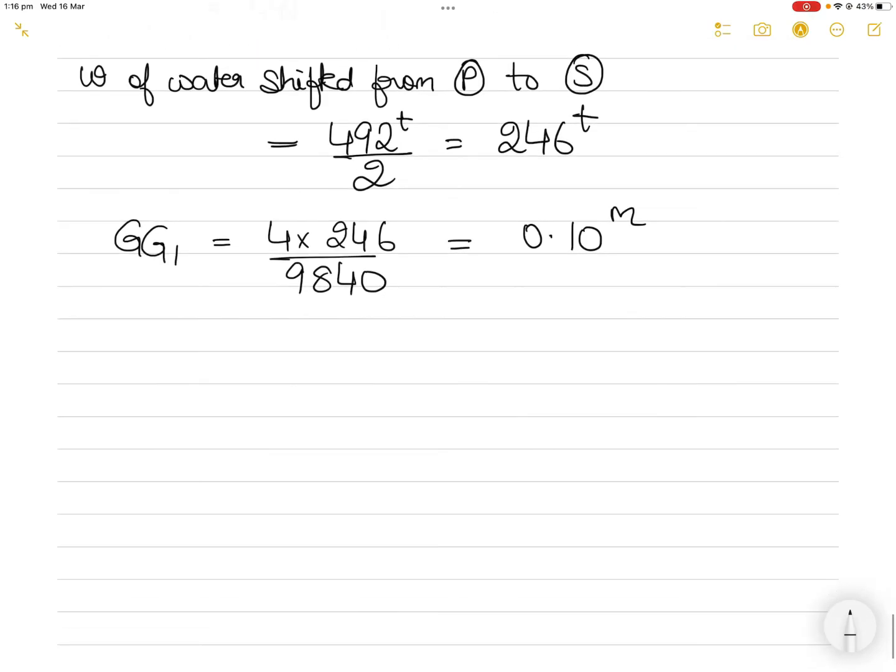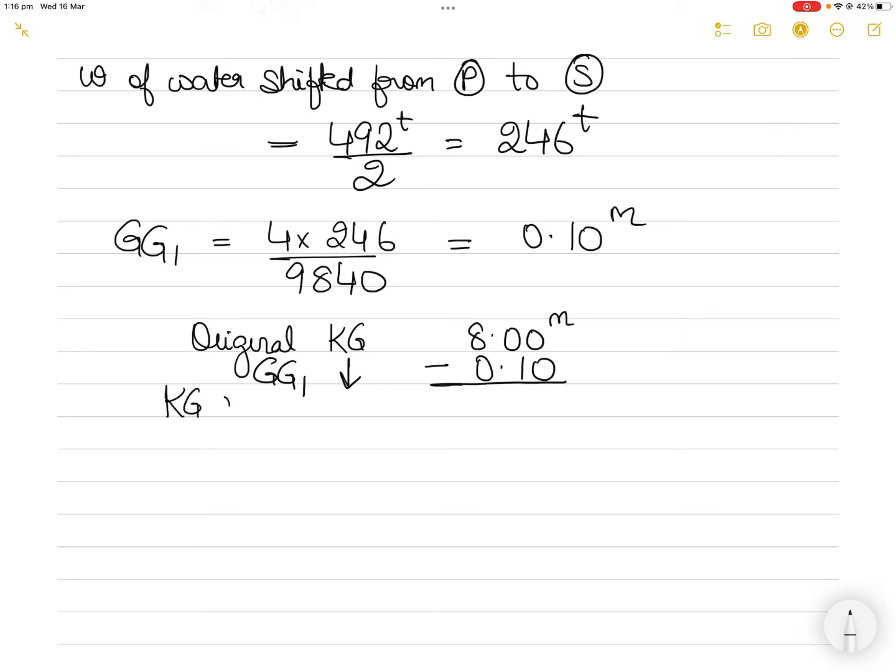GG1 is 0.10, the original KG of the vessel is 8 meters, and it shifts downwards, so the KG value will reduce. So KG after shift is 7.90 meters, right?